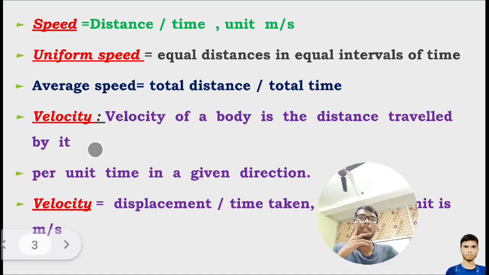Now next is velocity. The velocity of a body is the distance traveled by it per unit time in a given direction. It is like speed, but speed does not have a direction, while velocity has a direction. This is the difference between speed and velocity.